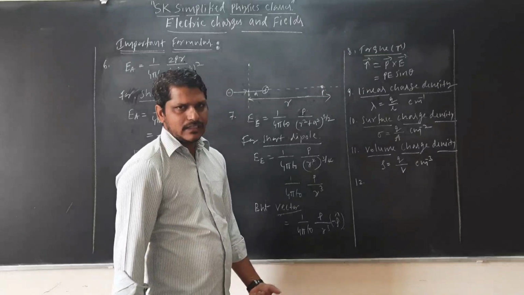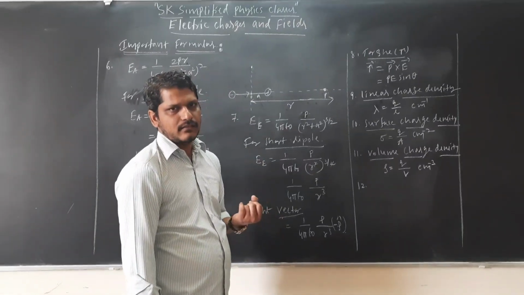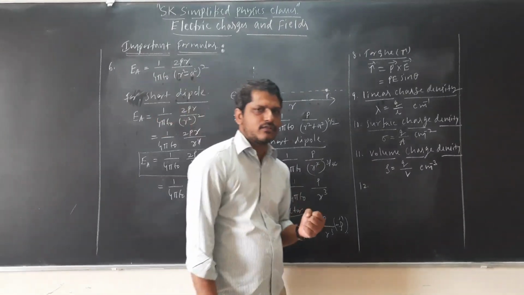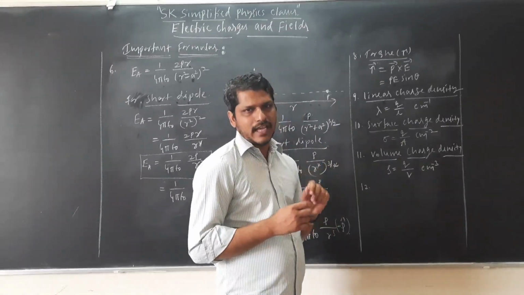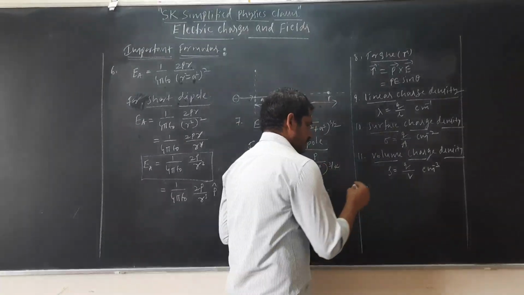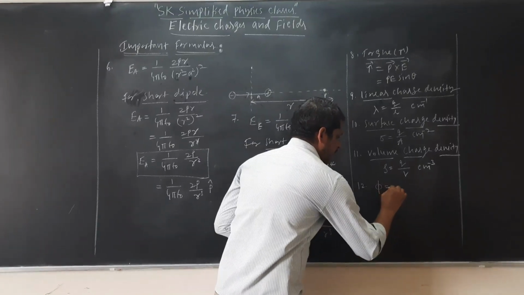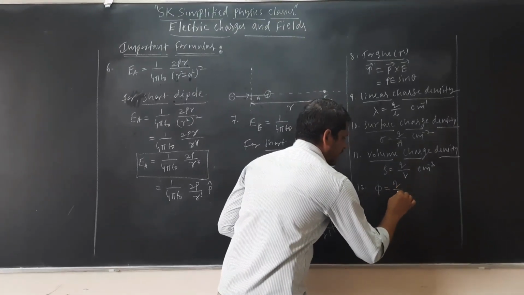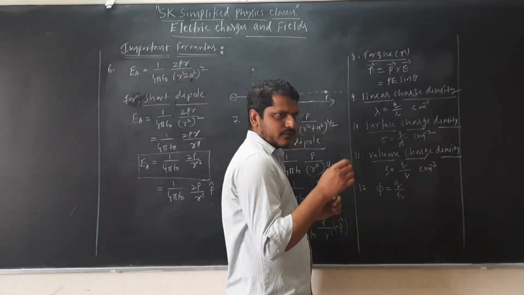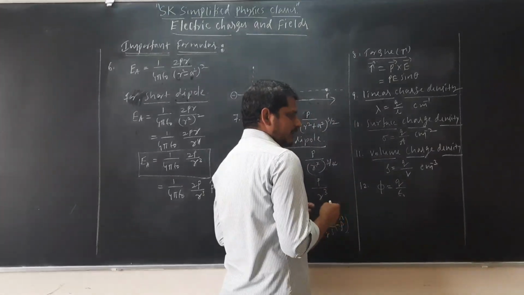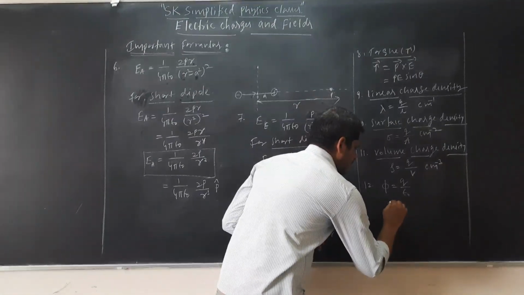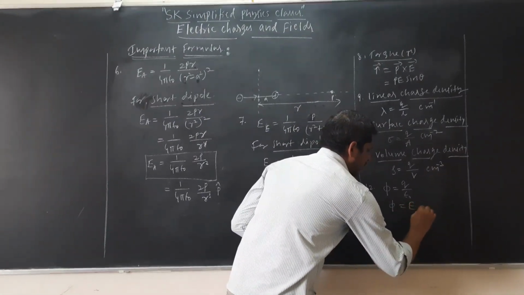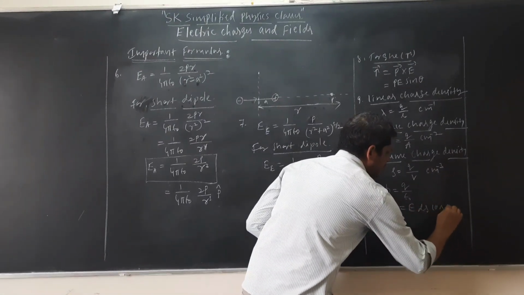So what is Gauss law? The total electric flux over a closed surface is equal to 1 by epsilon naught times the total charge enclosed in that surface. So that flux is given by Q divided by epsilon naught. We know that another equation for flux, according to definition, is flux equals E ds cos theta.